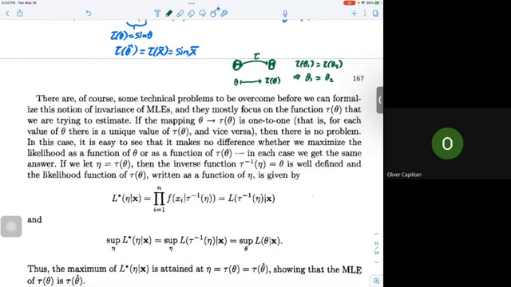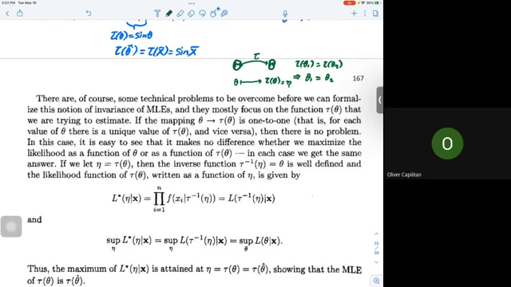So if we let eta be equal to tau of theta, then obviously, we know that if we have a function that is 1 to 1, then we could find the inverse, tau inverse, tau to the negative 1.